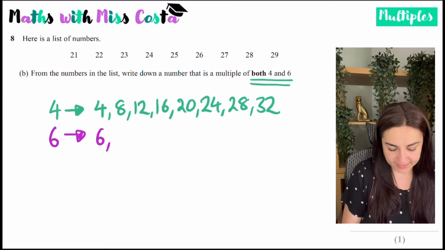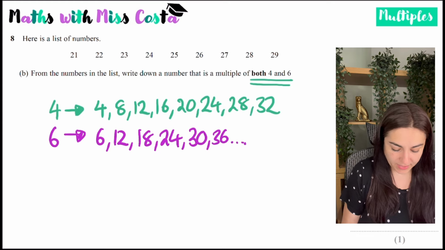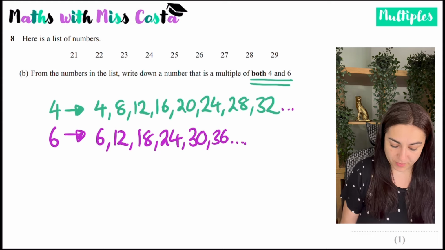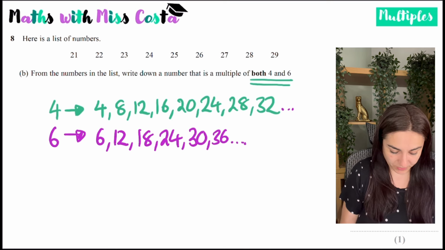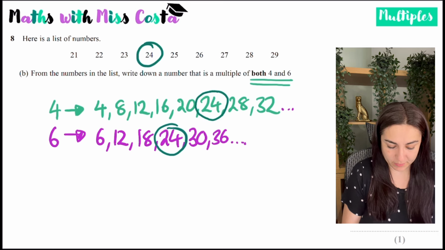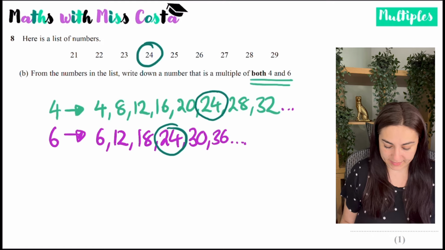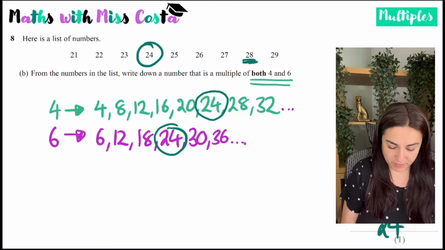So I've got 6, 12, 18, 24, 30, 36. And which number appears in both of these times tables, essentially? 24 appears in my 4 times tables and my 6 times tables. So that would be a number that is a multiple of both. 28 would only be a multiple of 4.